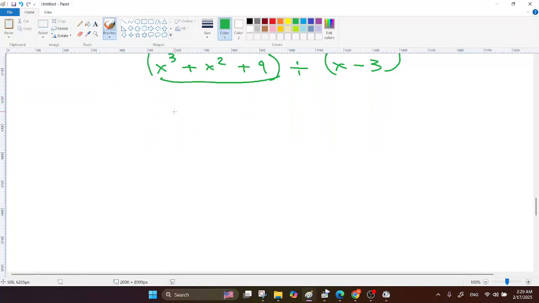For example, let's have 2x squared minus 8, okay, divided by 2x minus 4. Okay, let's divide.